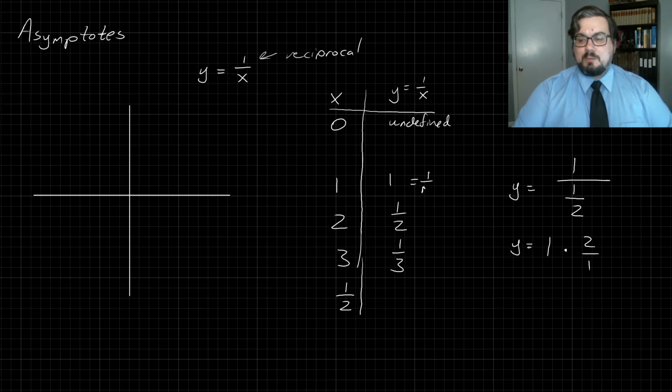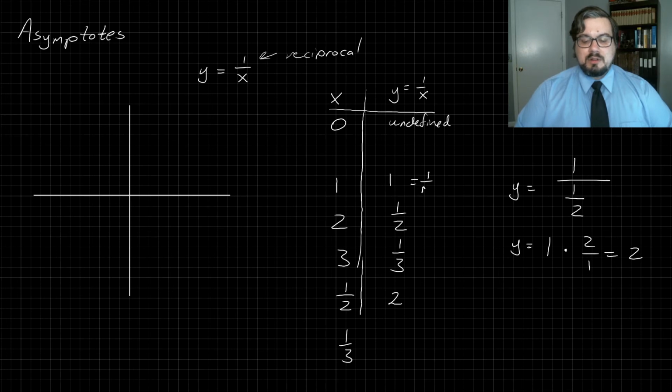So if we take 1 divided by 1/2, that's the same as taking 1 times 2 over 1. This is the flip and multiply strategy for simplifying complex fractions. And this whole thing simplifies down to just 2. So when x is 1/2, y is 2.